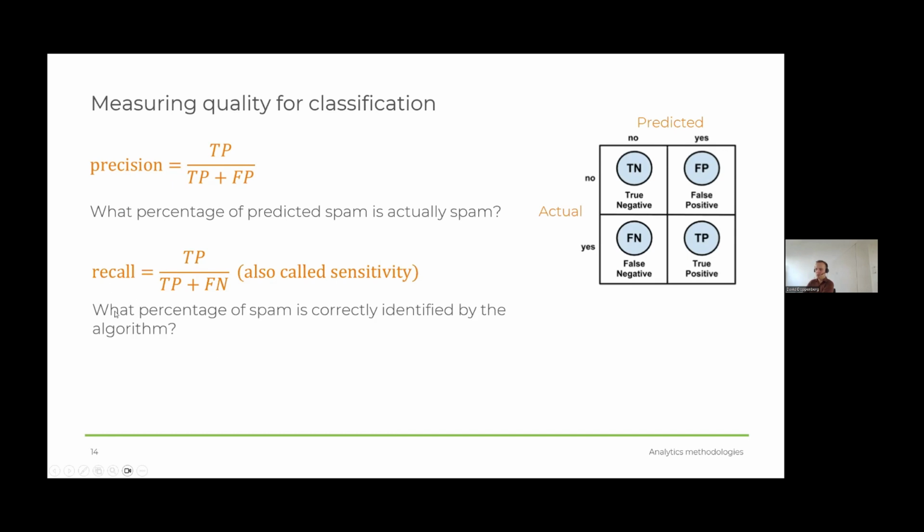Therefore, the recall is used for the question, what percentage of spam is correctly identified by the algorithm? Then we also have something called specificity. I think I made a small mistake here. This one you can use for the question, what percentage of non-spam is correctly identified by the algorithm, by looking at the true negatives and then dividing by everything that is actually non-spam.